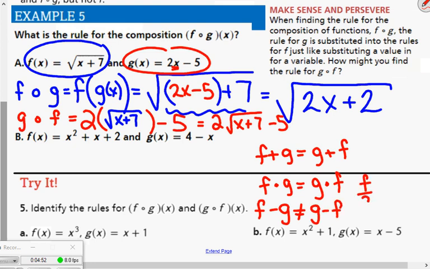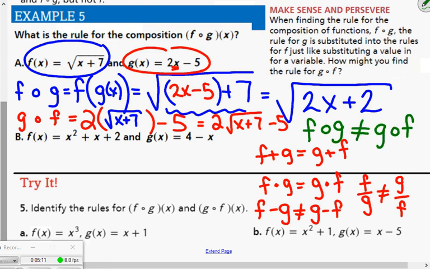We talked about some of this yesterday, right? F over G is not the same as G over F. Well, today we're learning, based on that example right there, you would get totally different results here. Fog is not the same as Goff. All right? F of g of x is not the same as g of f of x.